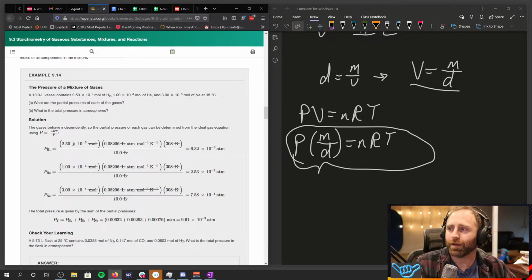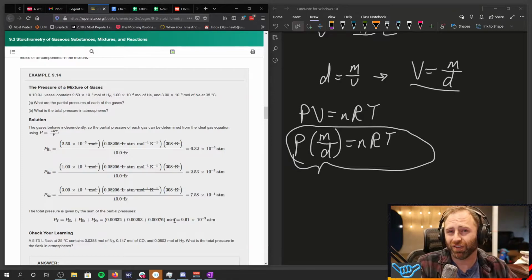And they were able to plug in the number of moles of hydrogen times R, which is constant, times your temperature, which the problem gave you, divided by your volume. And they were able to do that for every individual component. So the pressures that result then are all the partial pressures for each of the individual gases. To figure out your total pressure, you would just add all three of these partial pressures together.